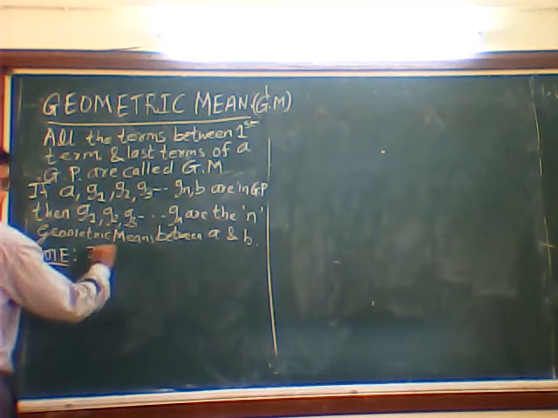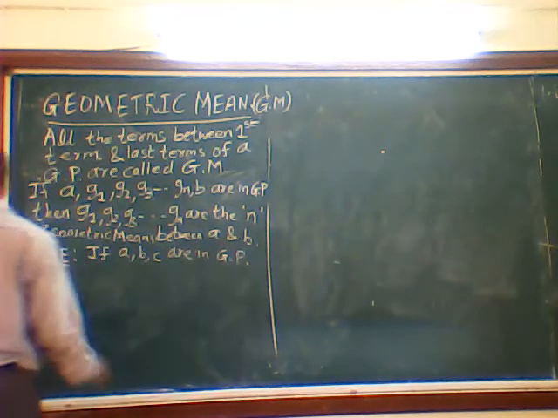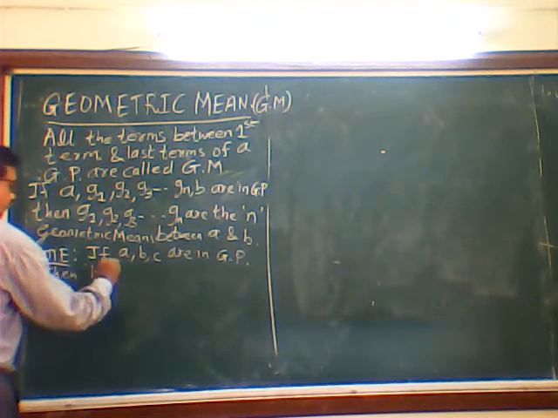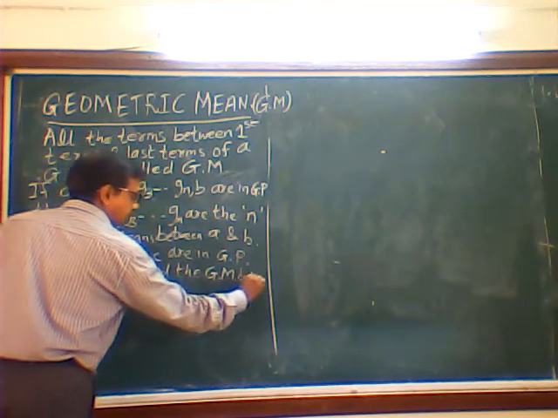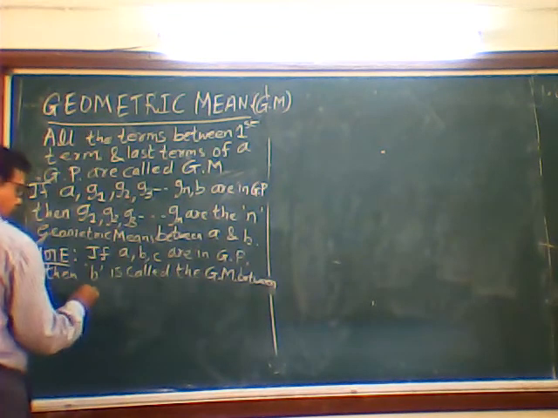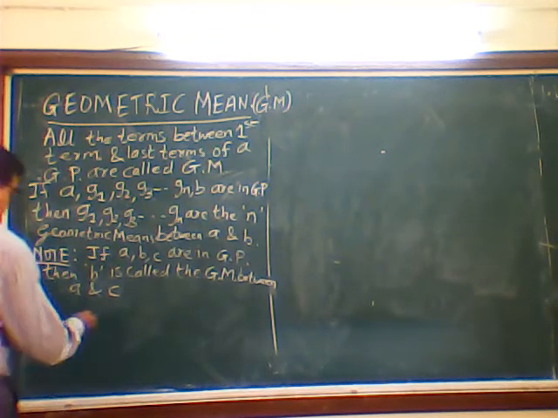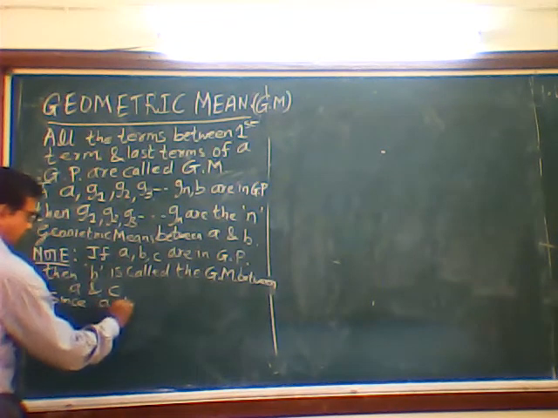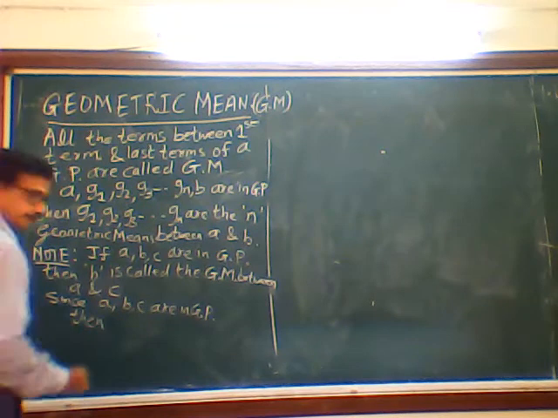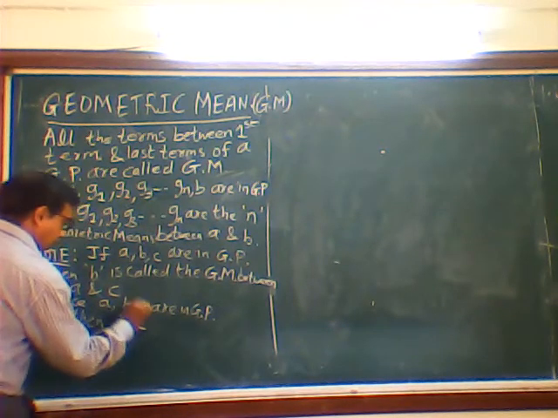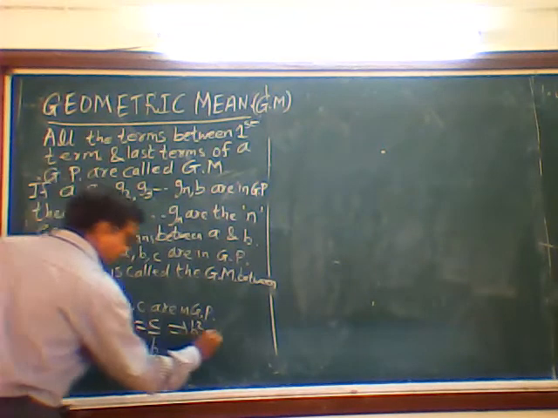Note: if A, B, C are in GP, then B is called the geometric mean between A and C. Since A, B, C are in GP, B upon A is equal to C upon B. Cross multiplying, B squared is AC.